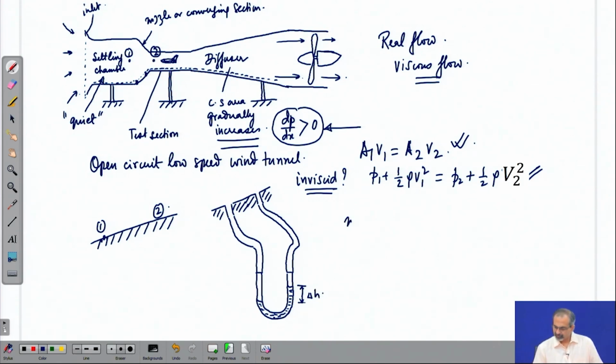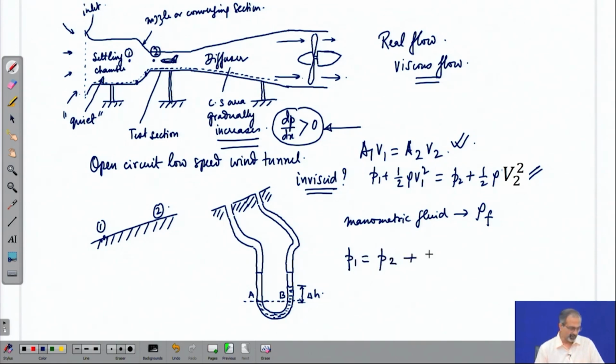So, if we assume the manometric fluid has a density of rho f, f for the fluid, then if we apply the principle that at the same elevation or height, if we choose 2 points A and B, then the pressures at those 2 points are equal. And based on that principle, we could write that P 1 is equal to P 2 plus delta H rho f g.